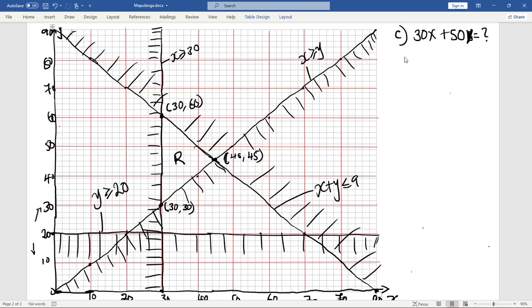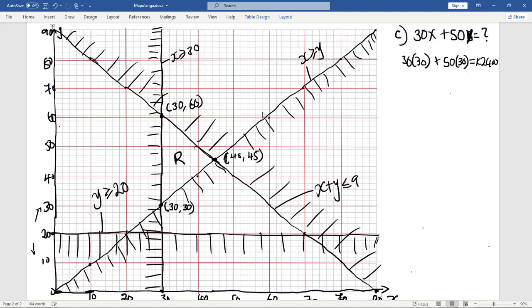We have 30, 30, so where there's x we substitute 30 plus 50, where there's y we substitute 30. So we have 30 multiplied by 30 plus 50 multiplied by 30. This gives us 2,400 kwacha.